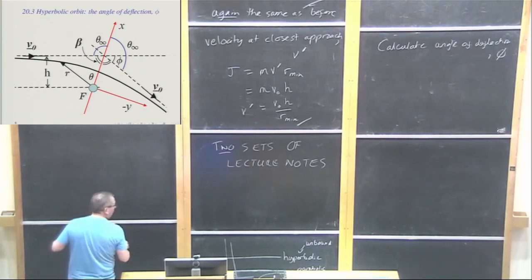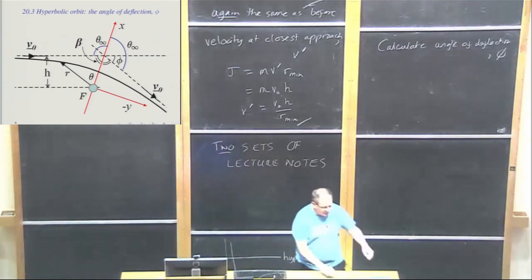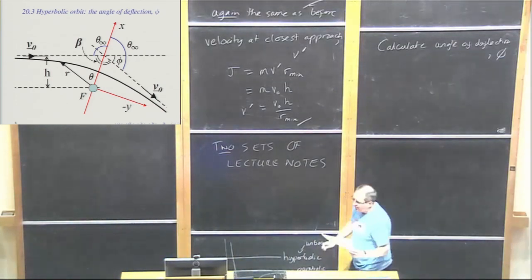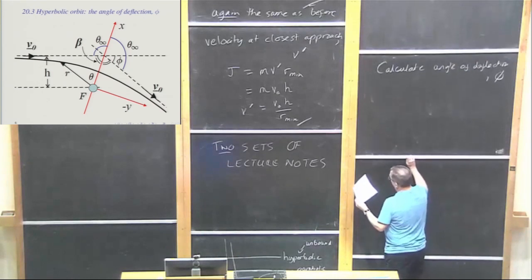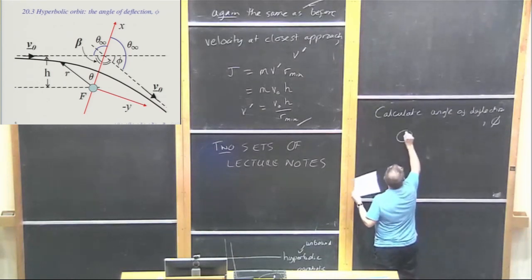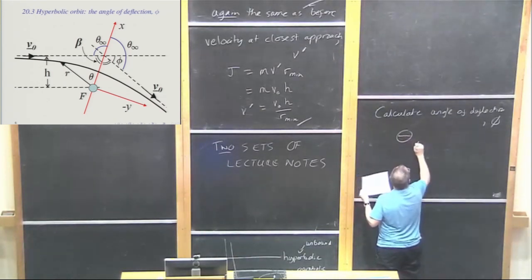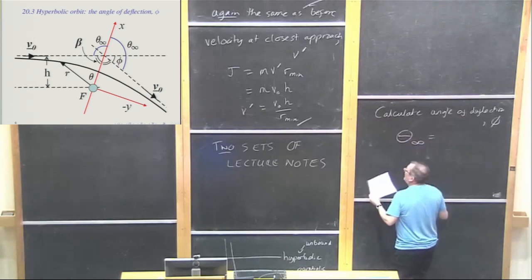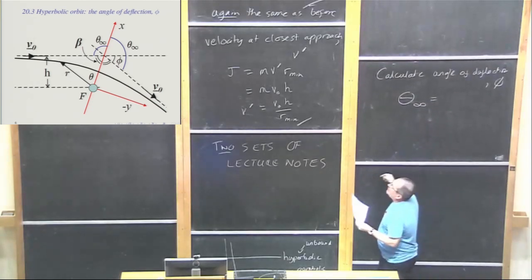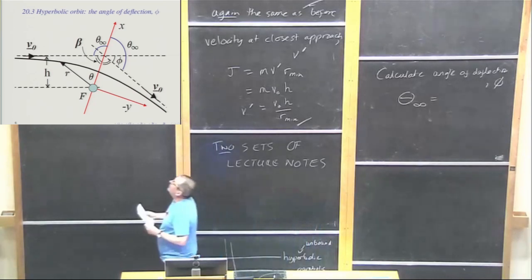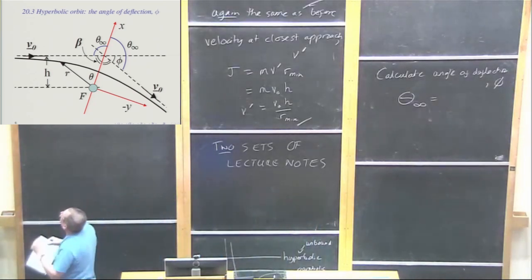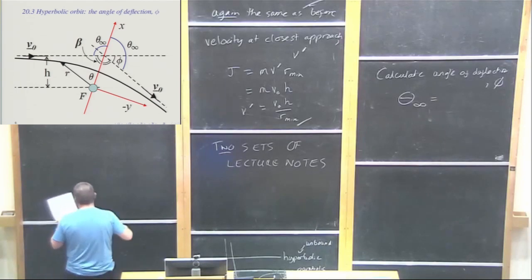So it's probably a good idea right now to write down what theta infinity is. This is just an exercise in Euclidean geometry, looking at this and trying to see how it is related to the final angle we're interested in, which is phi.